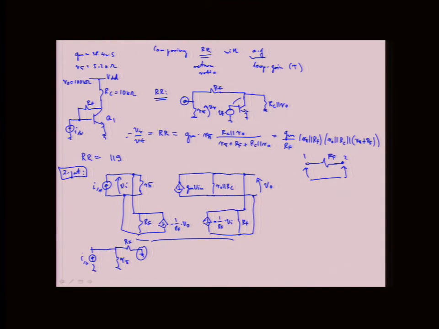It was exactly this table that we talked about. There was voltage being fed back, so I killed that voltage. And then what I'm looking at at the output was GM VI, and VI was here. And then what I have here is RO in parallel with RC. And then I have RF.